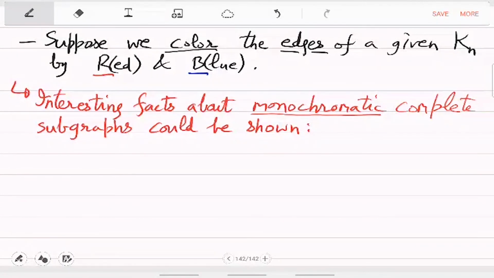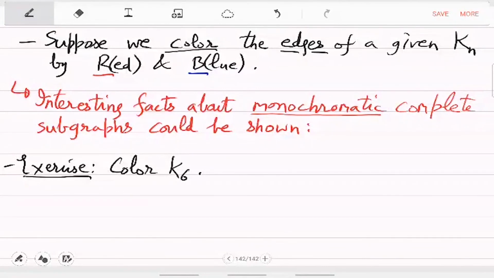So given a Kn, we have colored the edges. Now we will say that there will either be a red or a blue monochromatic subgraph that is again a complete graph. So, for example, just to warm you up, color K6, the complete graph on a hexagon.